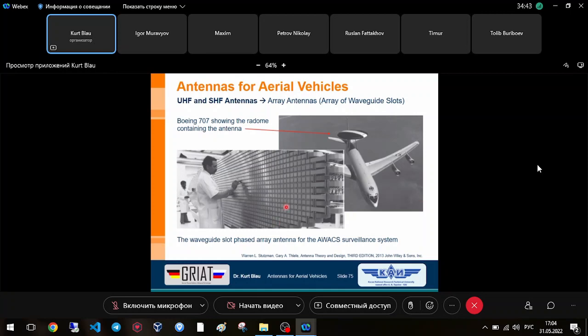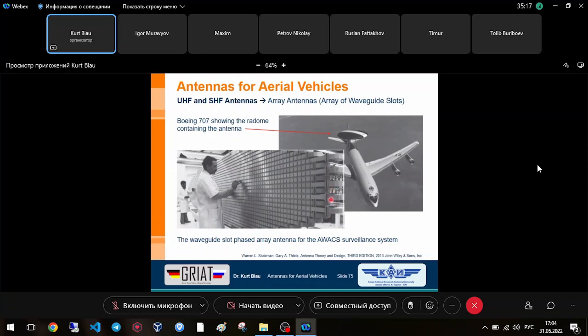It's a very large antenna, and this array antenna in this case consists not of slots, it consists of single patch elements. Later on we will see how we can design such so-called patch elements. The excitation of these radiating patches is also realized, you can see it here, with a waveguide.